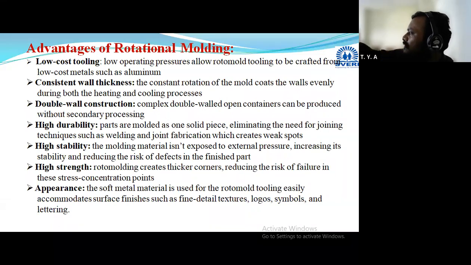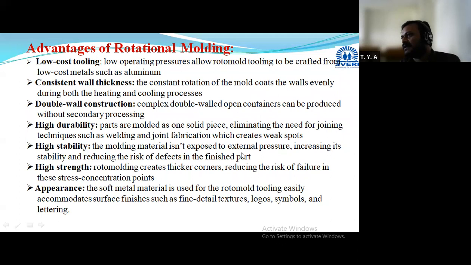Layer by layer you can manufacture it, for example to make a very thick tank. Are you getting this? As this layered structure is there, it will provide longer stability as well as longer durability. Its life will be very long. Okay, high durability, high stability, and its strength is also very high.